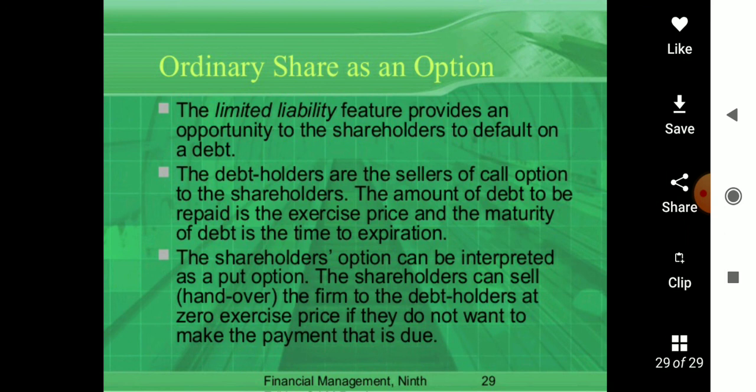Then they will ask you to value the forward, then to value the futures, then they may ask you to value the option. Under the option, the four methods: binomial model, portfolio replication model, risk neutrality model, and the fourth concept, the Black-Scholes model. Now all these things we will see with a problem in our next tutorial.